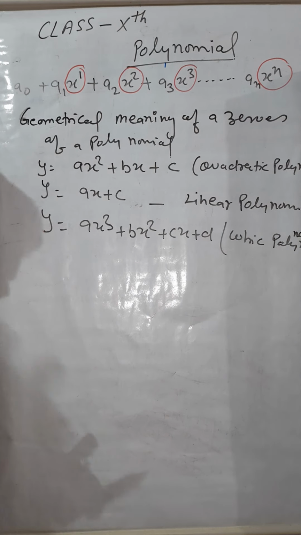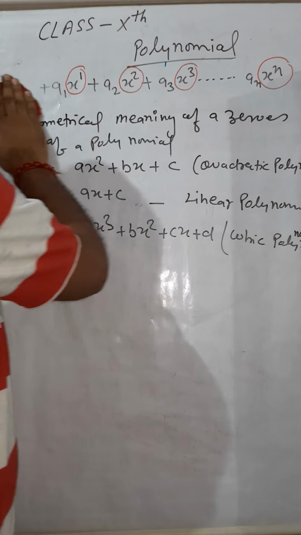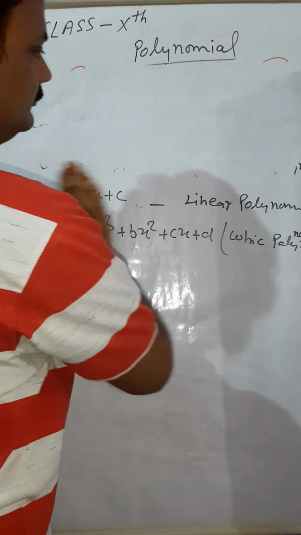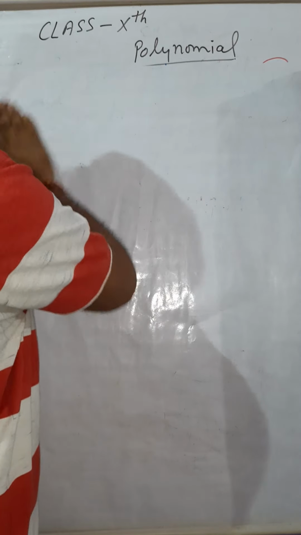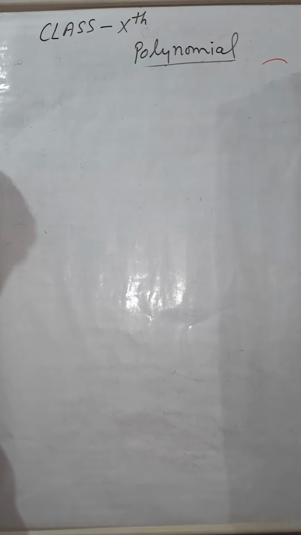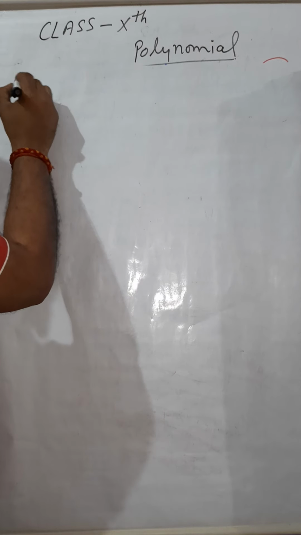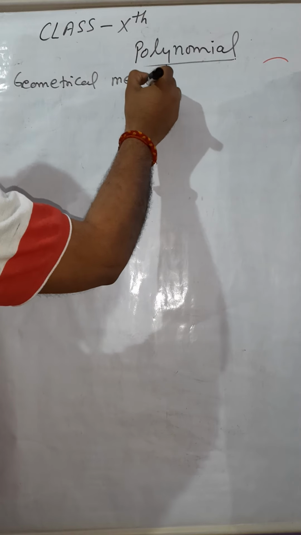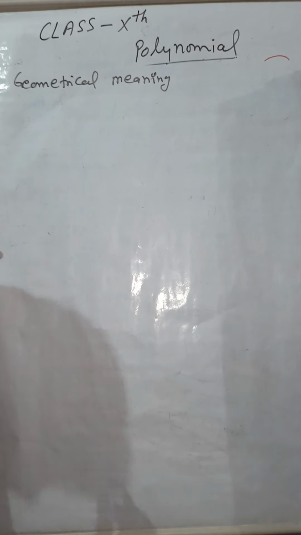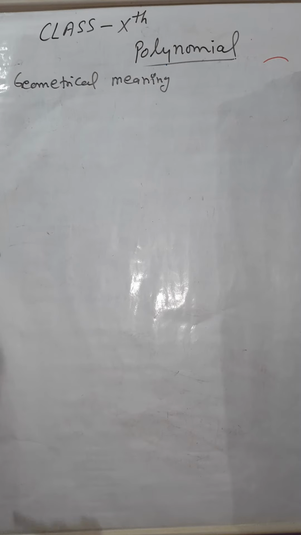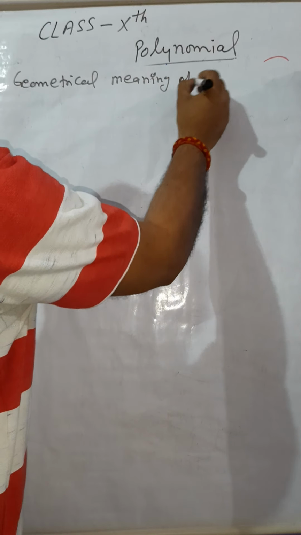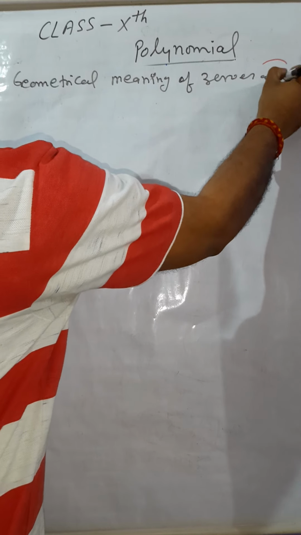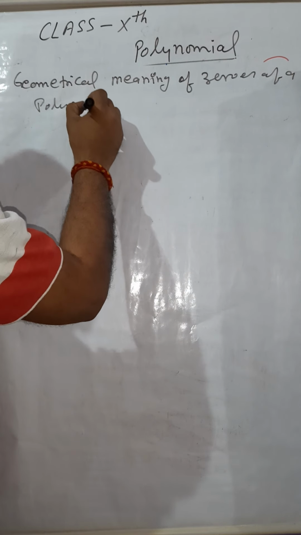Since this topic is the quadratic polynomial, what is required here? We should take the geometrical meaning of zeros of a polynomial.